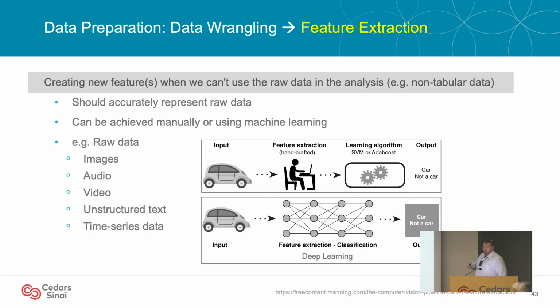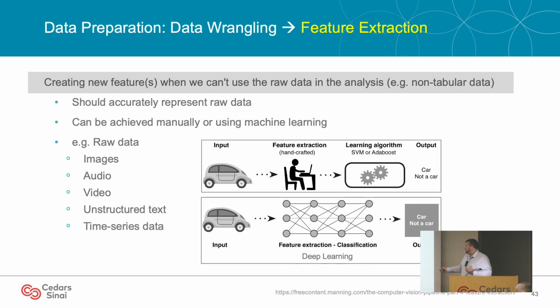But basically, we want to create new features to form our new data set when we can't use the raw data directly in the machine learning analysis. So for instance, if you have data that is not in a tabular format, or you don't have rows and columns, these new features should accurately represent that raw data, whatever it may be. We can achieve feature extraction either manually, which is generally a pain, or by applying some other kind of machine learning to do the feature extraction.